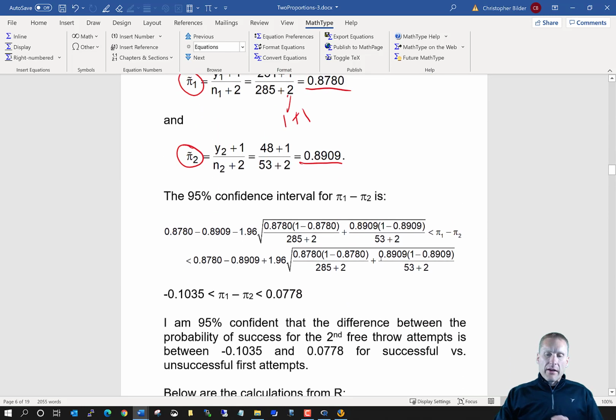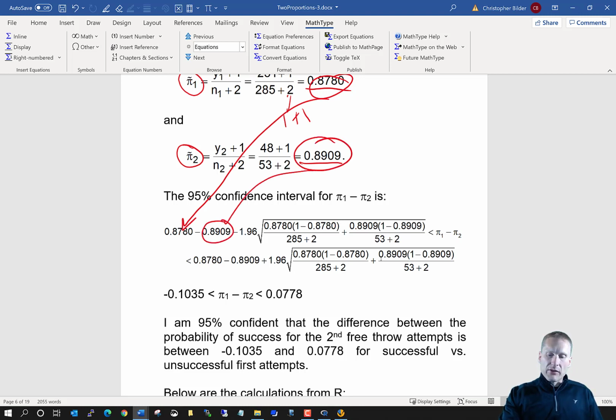And so then, using that information, we plug in 0.878 for pi tilde 1 and 0.8909 for pi tilde 2. We do that throughout, and we can't forget about that little adjustment to the sample size. And we get an interval of negative 0.1035 to 0.0778. Let's interpret it.